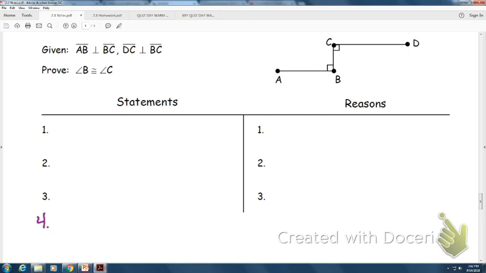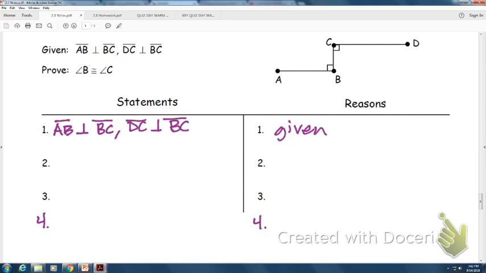Okay, what's going in line 1? You're given. Okay, so write it directly as you see it. AB perpendicular to BC. DC is perpendicular to BC. And the reason, given.